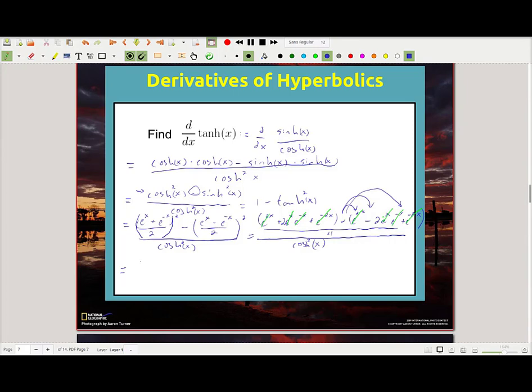So that is 4 over 4 all over cosh squared of x. So we really have 1 over cosh squared of x. But because 1 over cosh is sech, or secant hyperbolic, that is just sech squared. And that one doesn't come as a surprise because the derivative of tangent is secant squared, and now we have the derivative of tanh is sech squared.